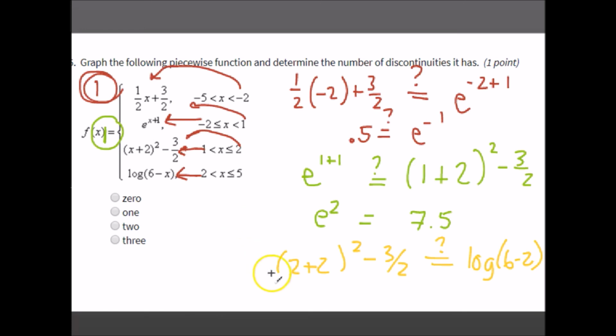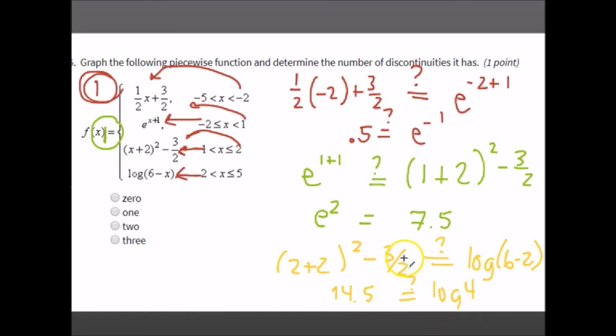So this one's going to be 4 squared minus 1/2. Again, gets me 2.5, I think. No. 4 squared is 16, sorry. 4 squared is 16 minus 1.5 is 14.5. Does 14.5 equal log of 4?